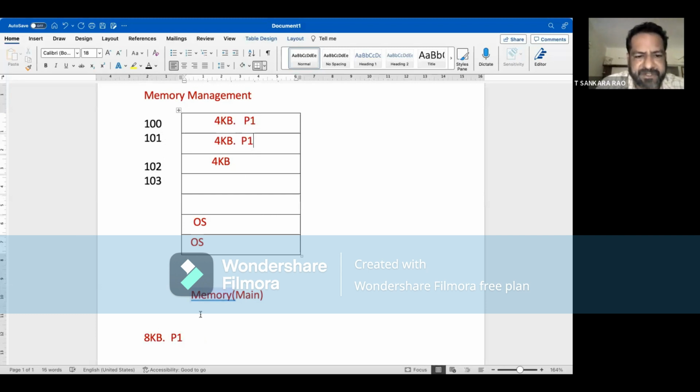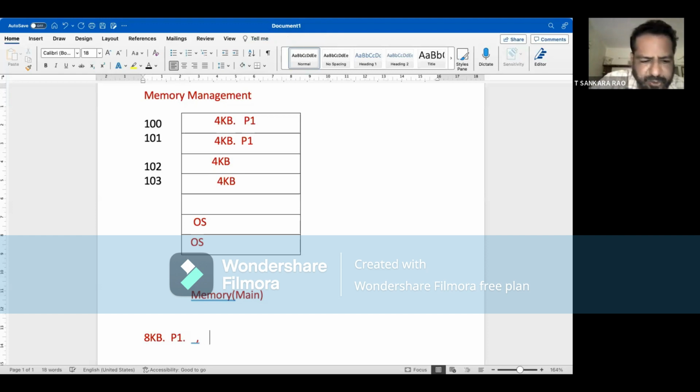Now, for example, I take another process of 2 KB, process P2. Where is it stored? Already 100 and 101 are occupied by P1.